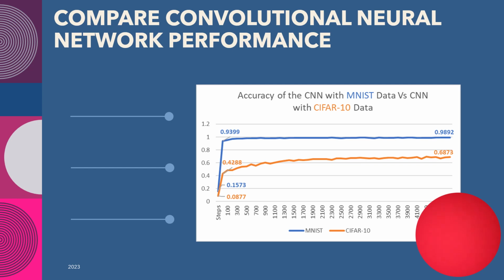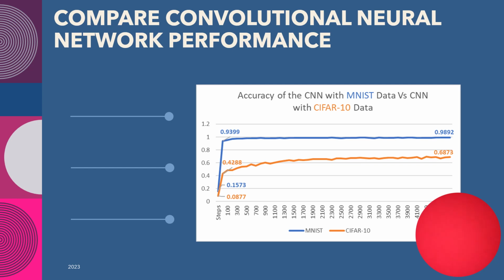Okay, now we're going to compare convolutional neural network performance in the MNIST data versus CIFAR-10 data. When comparing the accuracy levels on each dataset, we can see that there is a gap between MNIST and the CIFAR-10 dataset.